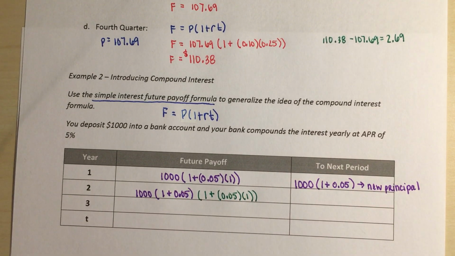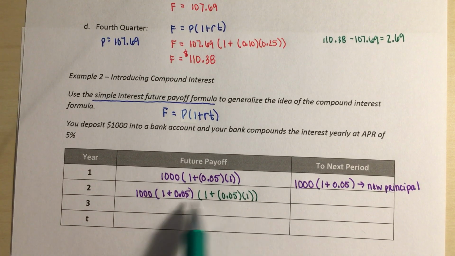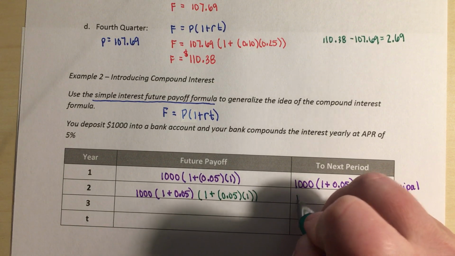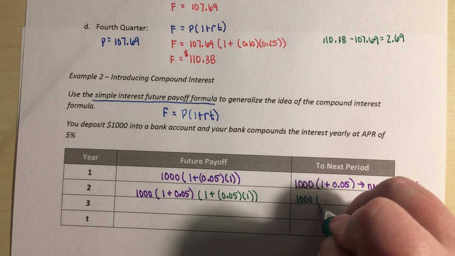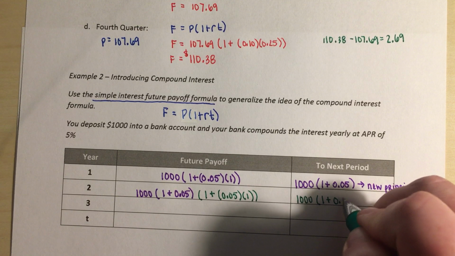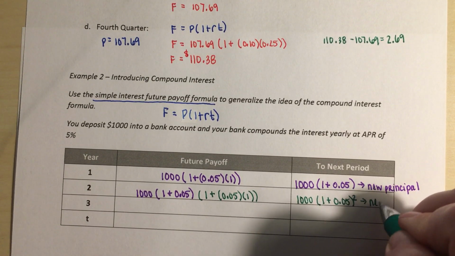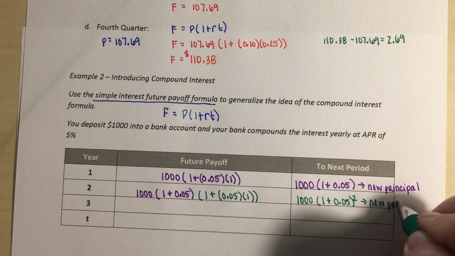Both of these turn out to be the same thing, and if we're multiplying two identical things together, we use exponential notation to show it is squared. So I keep the 1,000 out front and then we have 1 plus 0.05 squared. That is our new principal.